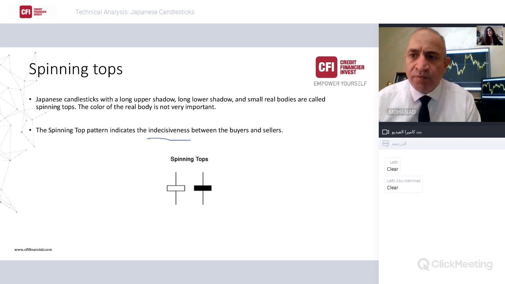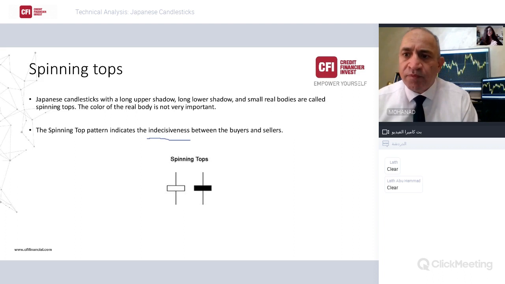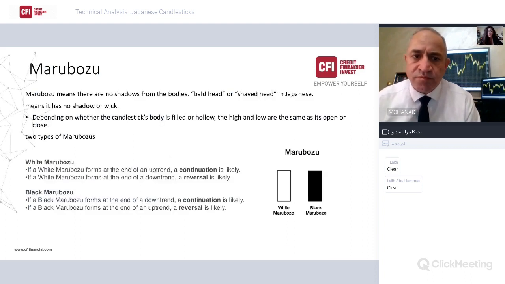Let's say this is a white candle, which means the close is higher than the open. But the open and close are very close to each other, so the volume here is not very high. The market is indecisive between buyers and sellers. That's why we are not sure what the market trend will be, and this is an indication of a spinning top. We will see more examples along the way.